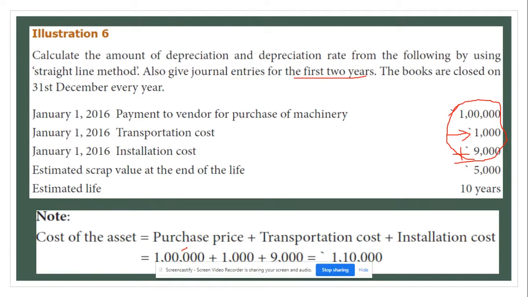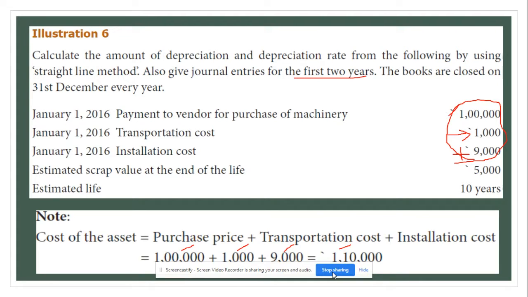It is clearly given in the note: the cost of the asset is purchase price plus transportation cost plus installation cost. So 1 lakh plus 1000 plus 9000 is 1 lakh 10,000. The estimated scrap value at the end of the life is 5,000 and the estimated life is 10 years.